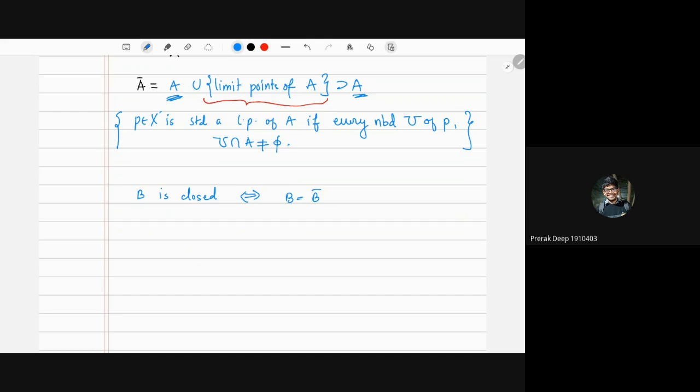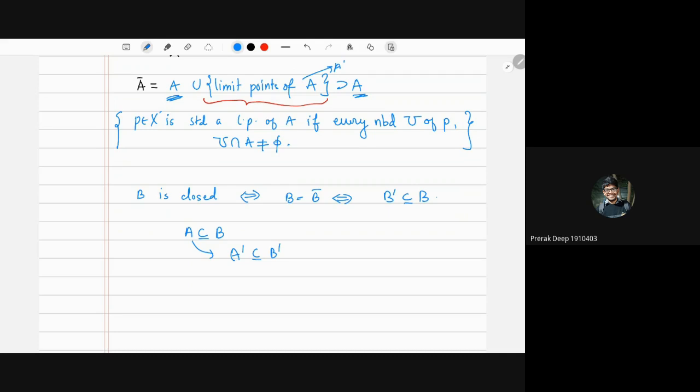So B prime, the set of all limit points, is already contained inside B. They are already part of B, and A is a subset of B, right? So whatever limit points of A, that will also be part of the limit points of B, right?